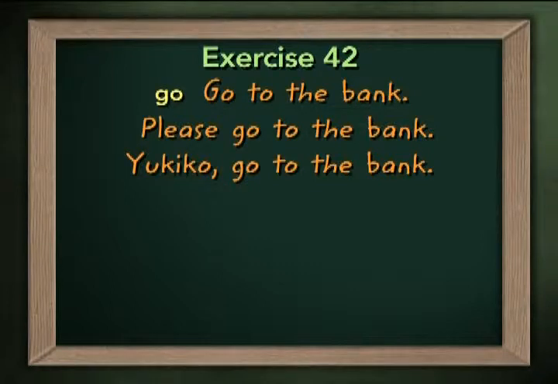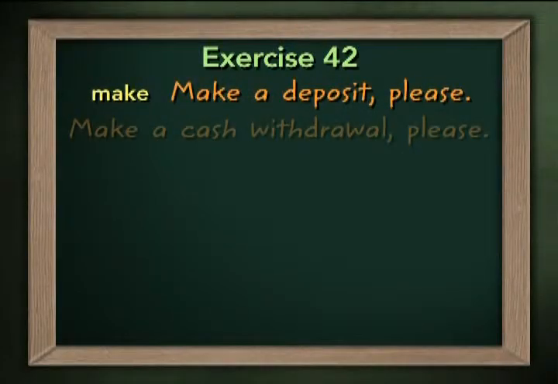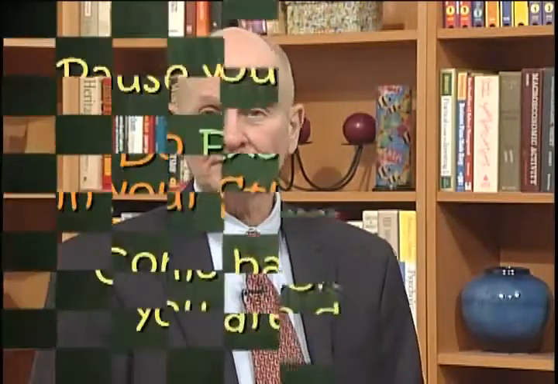Okay, here's another one. You'll see make, and you'll write, make a deposit, please, or make a cash withdrawal, please, or Yukiko, make a deposit. Like that. Pretty easy. Put your program on pause, look at your study guide, and complete that exercise. Return here when you finish.